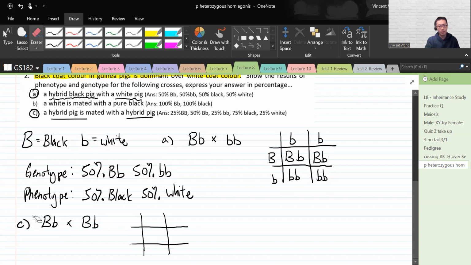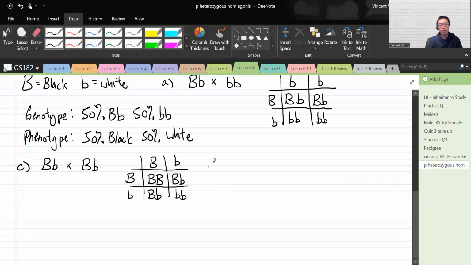Okay. This pig will have two kinds of gametes. Half of it will carry the big B allele, the other will carry the small b. Similarly, big B and the small b. So we have big B, big B here, then big B, small b, and big B, small b again, and then small b, small b.